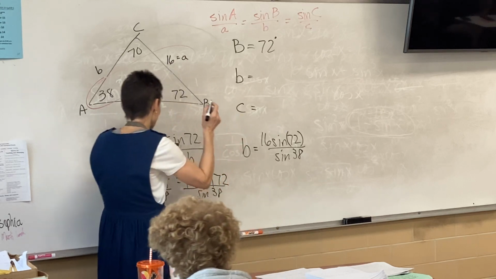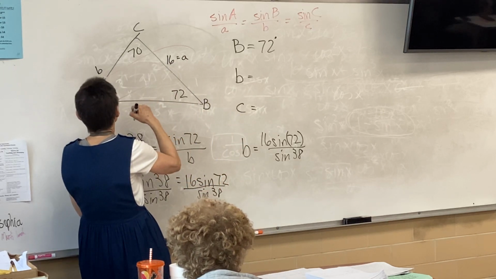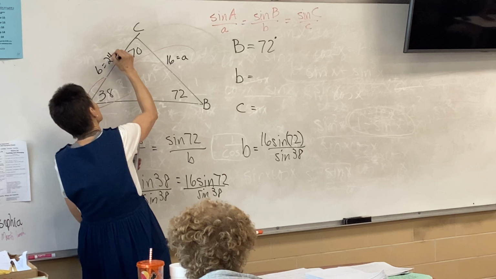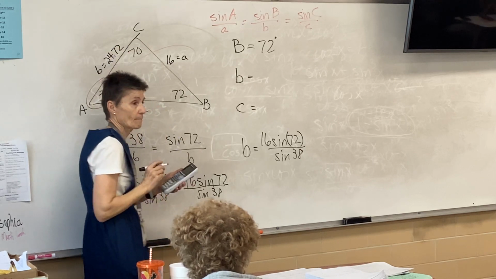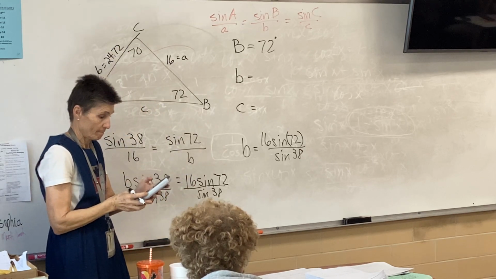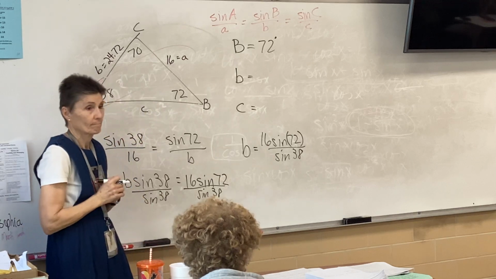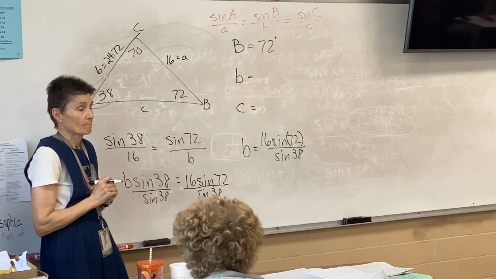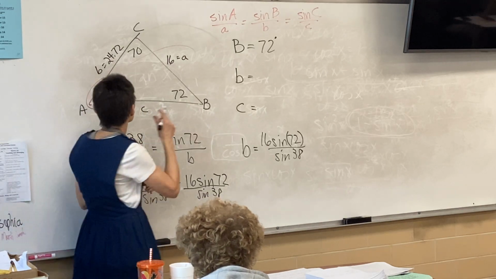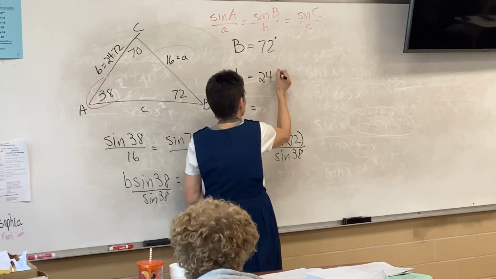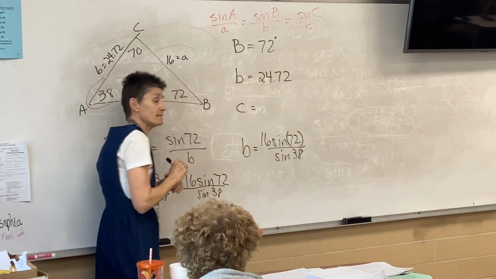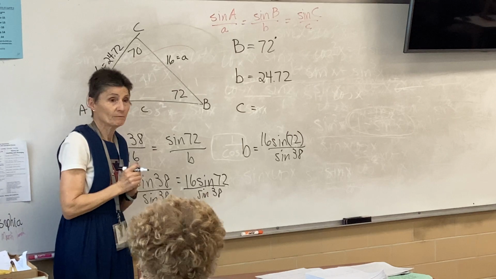And did you get 24.72? Okay, so that was B, 24.72. All right, we're almost done. We just have to find C. Any ideas how we'll find C?